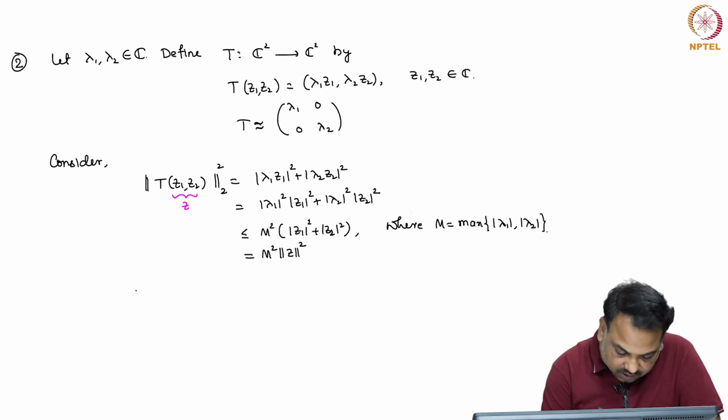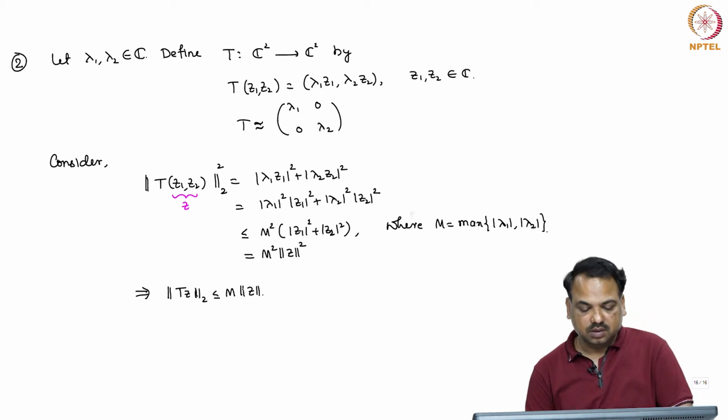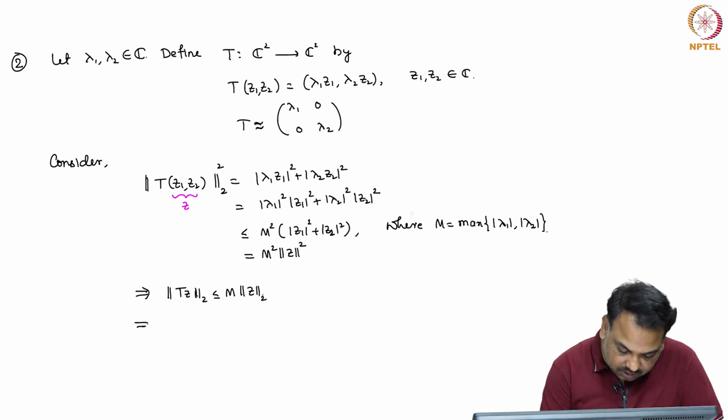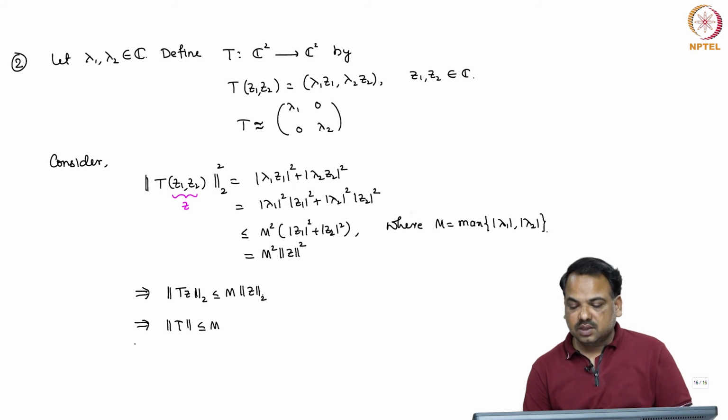So from this we can conclude that norm of Tz is less than or equal to m times norm z. Here also it is the Euclidean norm of z. So we can say that norm of T is less than or equal to m, where m is nothing but the maximum of mod lambda 1 and mod lambda 2.